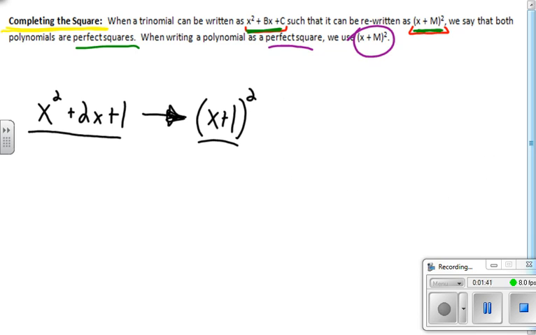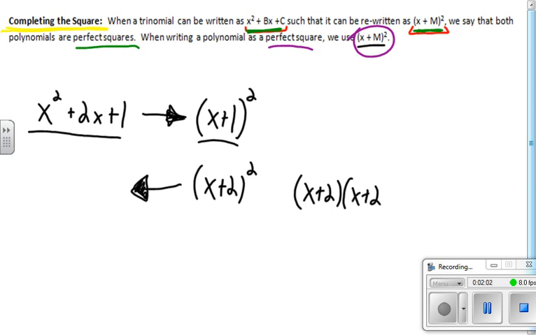Now if we wanted to try another one, say x plus 2 squared, we know that this is a perfect square because we are given the binomial squared form, and we want to go the other direction and see what it would look like as a trinomial. We do the same thing. We say x plus 2 times x plus 2. We FOIL it out.